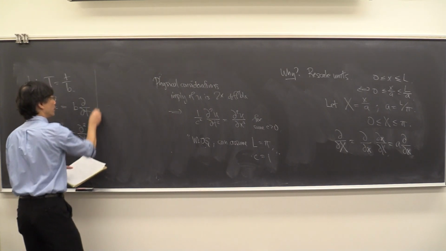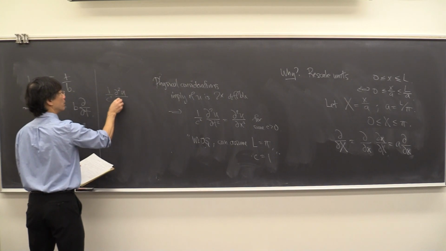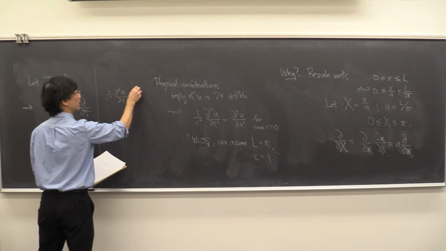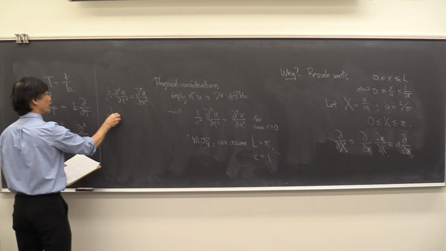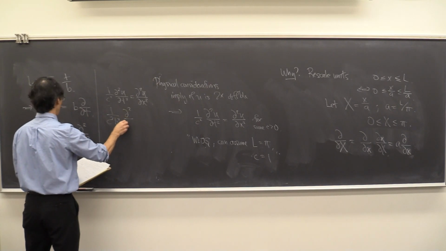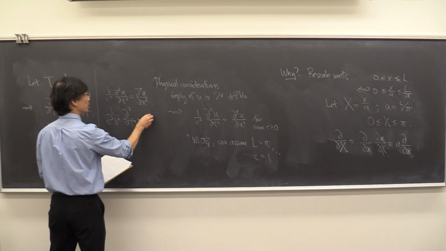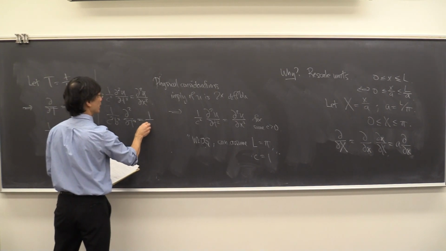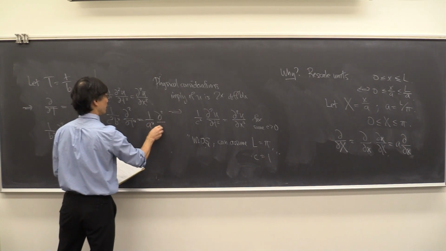So this equation, this 1 over c squared, turns into 1 over c squared b squared d squared u d capital T squared equals 1 over a squared d squared u d capital X squared.